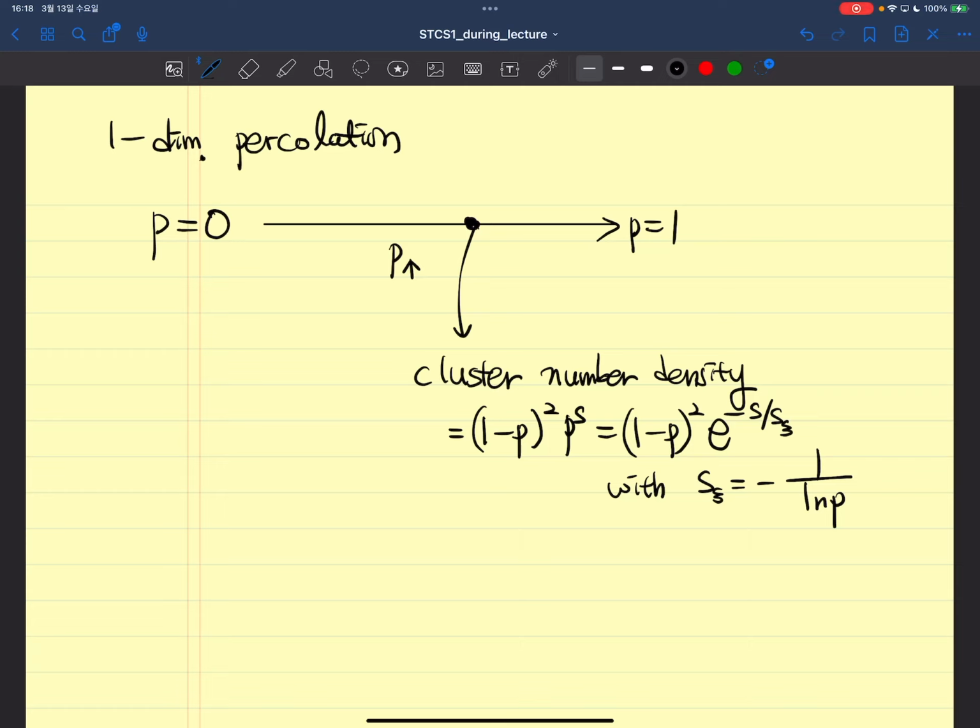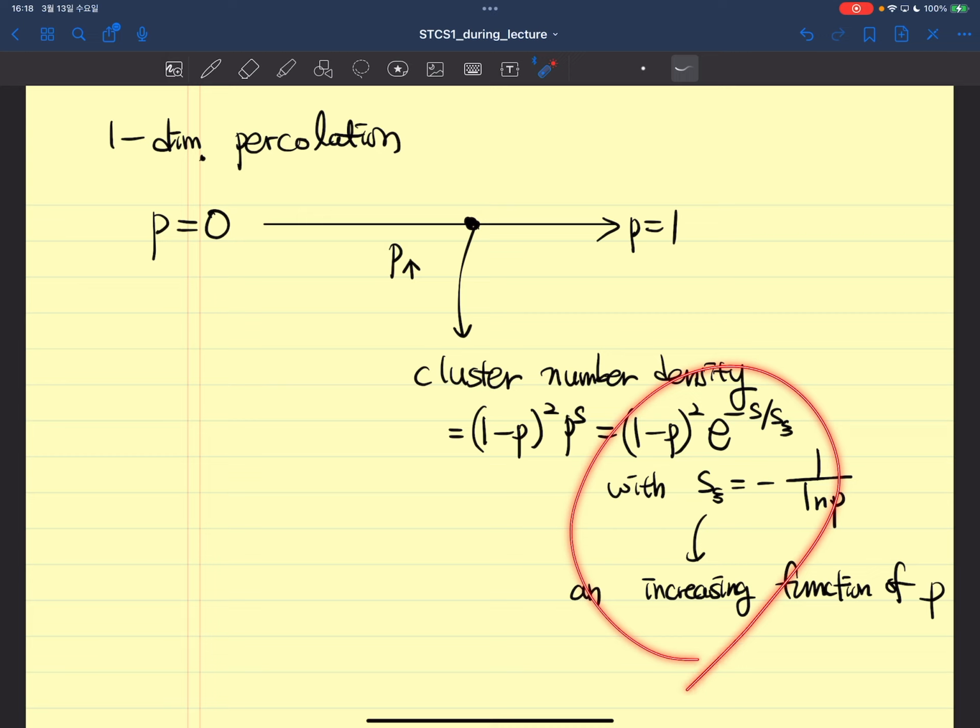And because this is an increasing function of P, a larger value of P allows larger and larger clusters, given by this exponential dependency.